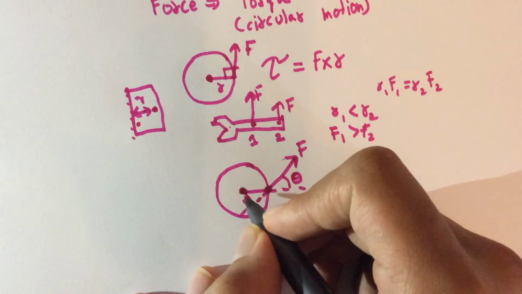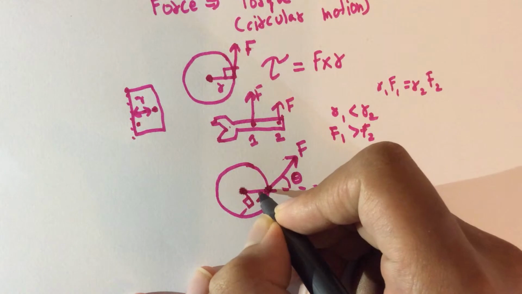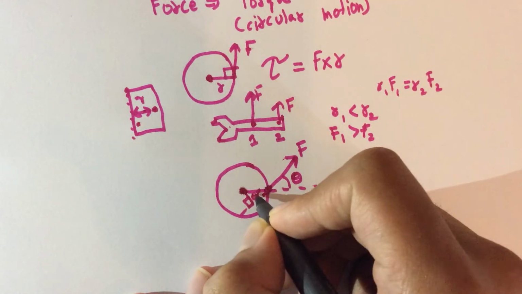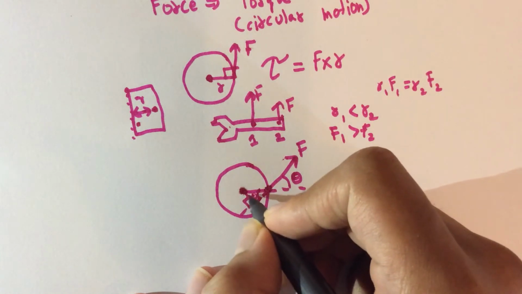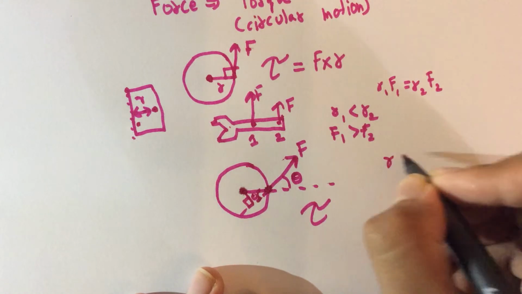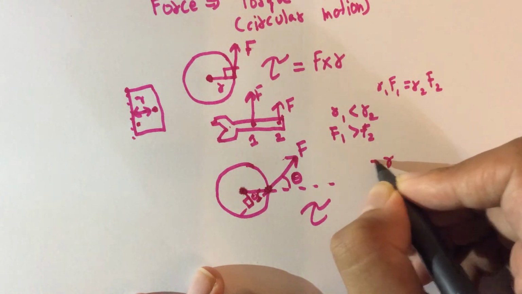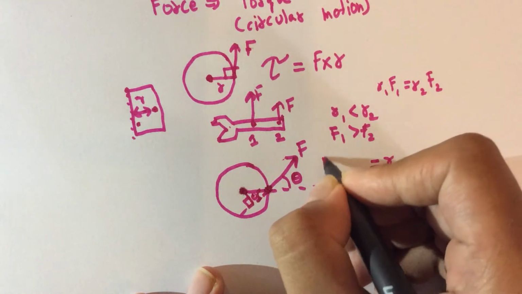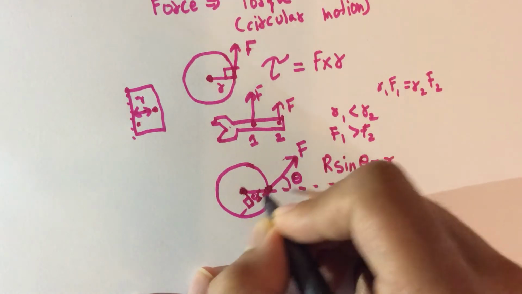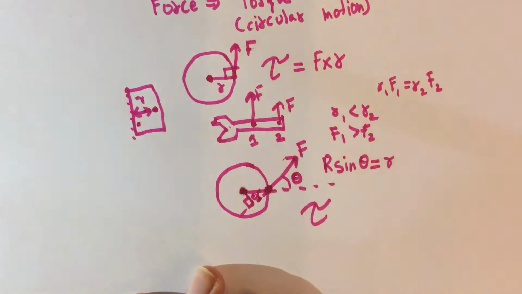And how do we mathematically find R? We take theta, vertically opposite angles, and this new R will equal the original R into sine theta. You can check this out, it's simple trigonometry.